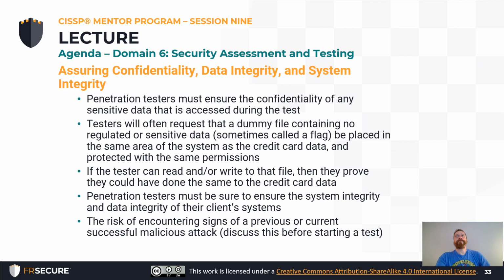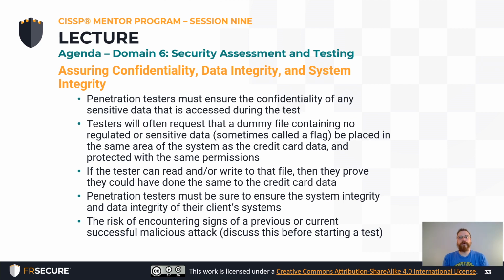All right. So you'll notice confidentiality, integrity, and then system integrity. And then the other thing, it's not listed out here, is availability, right? We don't want to take down a system while we're doing a pen test. So you've got to make sure when you're doing this test, you don't know what you're going to come across, right?